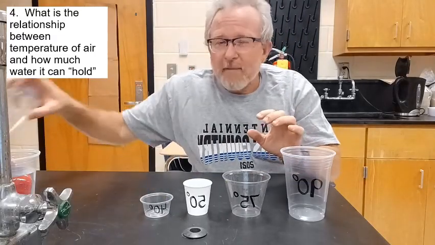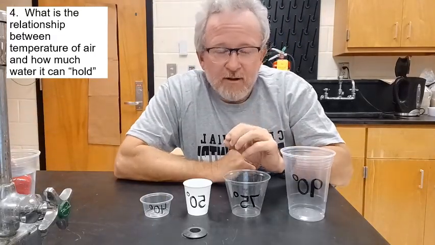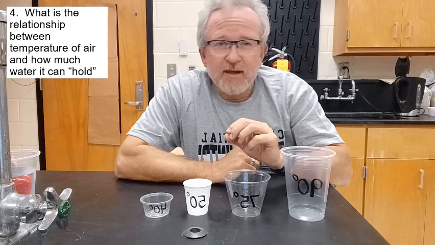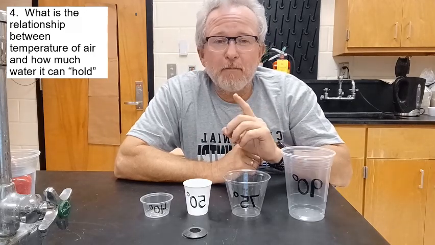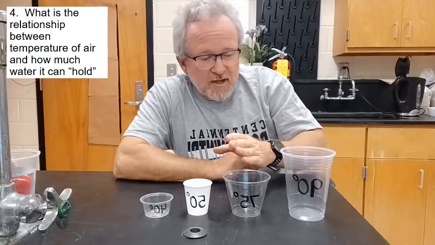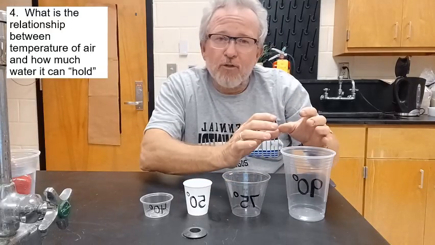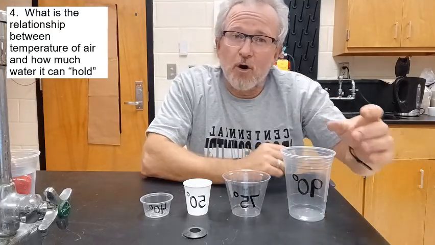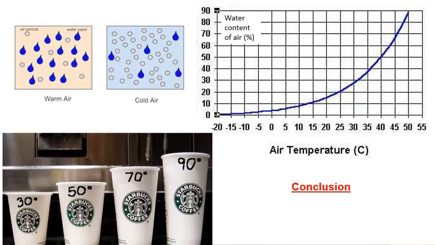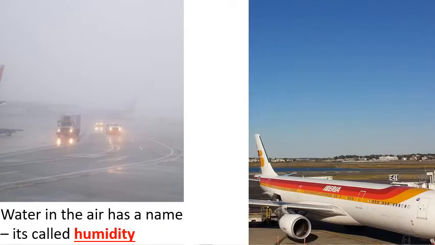So the amount of water that air can hold is, number one, determined by the temperature of the air. So the hotter the air, the more water it can hold. So the first big conclusion here is that warmer air holds more water than cold air.